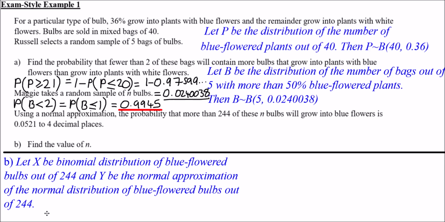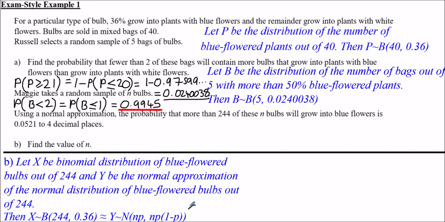Then we can set it up as follows. The original actual true binomial is 244, 0.36, and that is approximated by the normal, which is NP, NP(1 minus P). So we've got N here, which we don't know what it is.